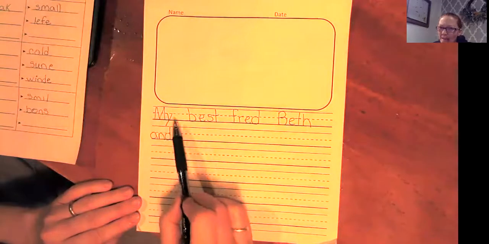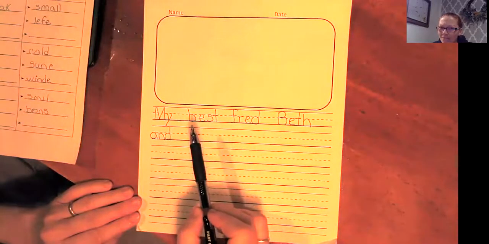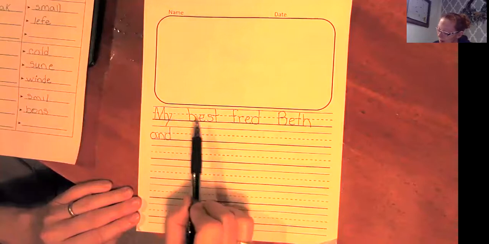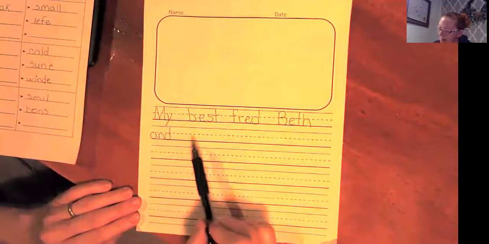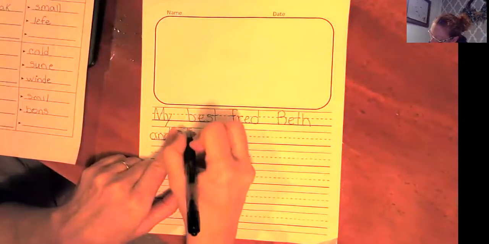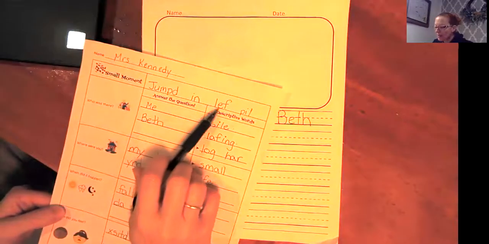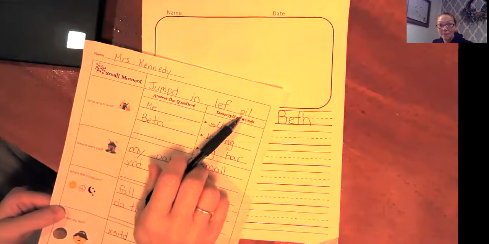Do you notice that I keep going back and rereading it? Because you know what? That's what good writers do. They check to make sure it makes sense so they know what to write next. My best friend Beth and I. I know how to spell that one. My best friend Beth and I jumped in leaf pile.